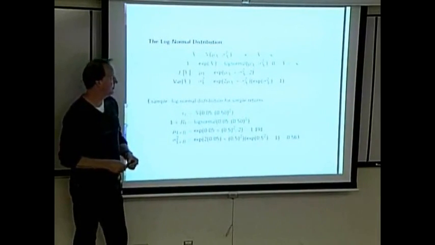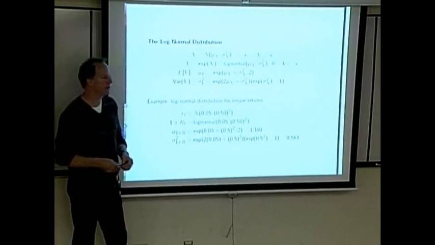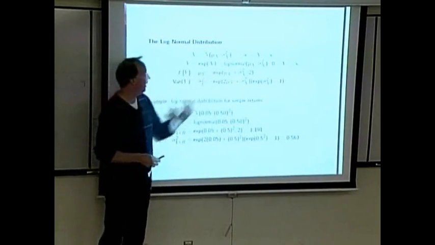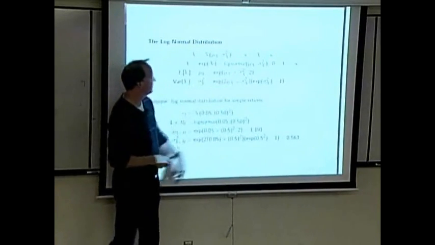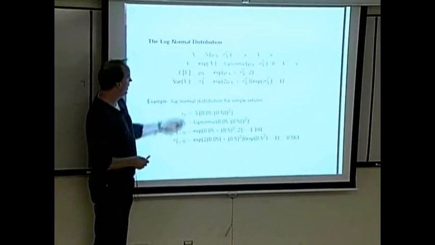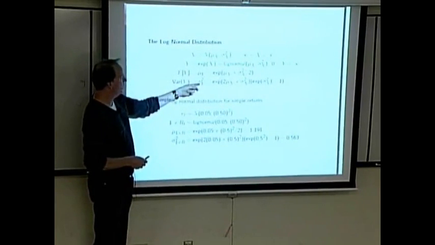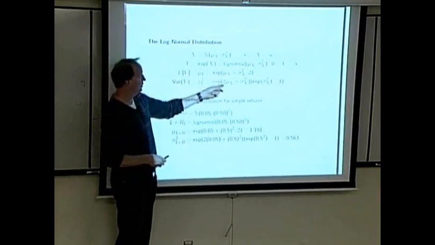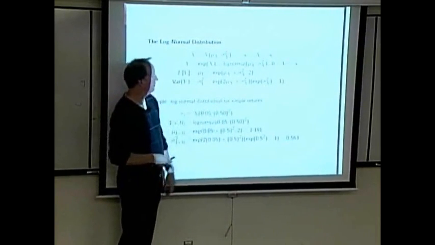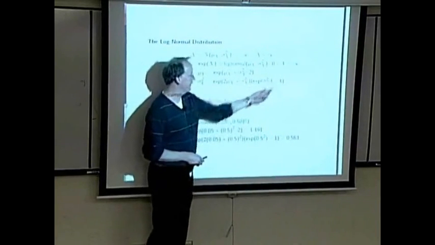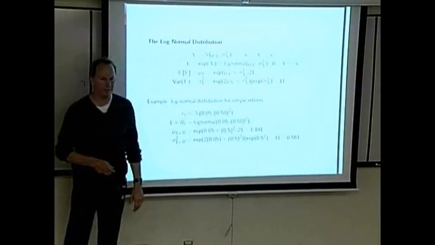And this adjustment comes from the change of variable formula in calculus and so on. So we can deduce the mean of y as the exponential of the mean of x plus sigma squared divided by 2. And then more tedious calculations can be done to show that the variance of y, or sigma y squared, is the exponential of 2 times the mean of x plus the variance of x, times the exponential of the variance of x minus 1. So it's a pretty complicated formula.